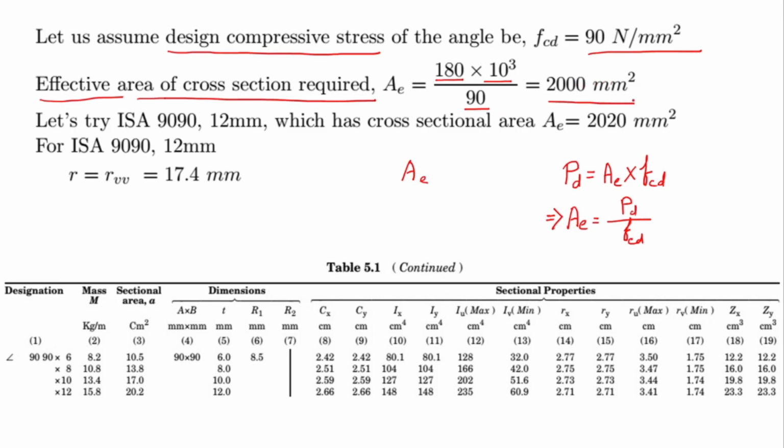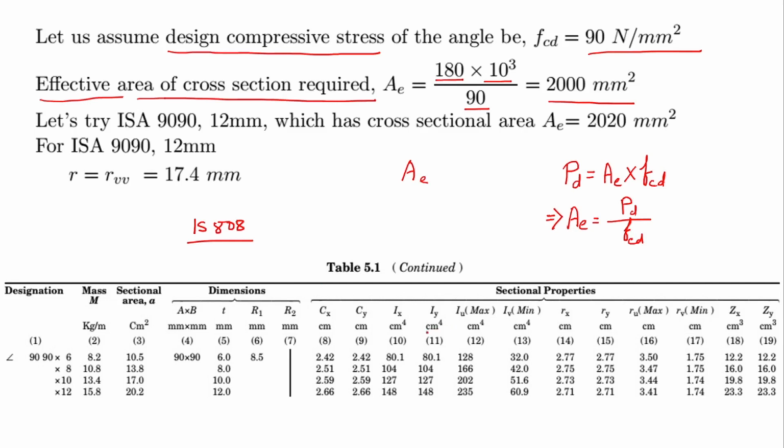So next step is we have to try one angle section from our steel table or IS 808. In the last few problems we used the steel table, but in this problem I want to show you using IS 808.